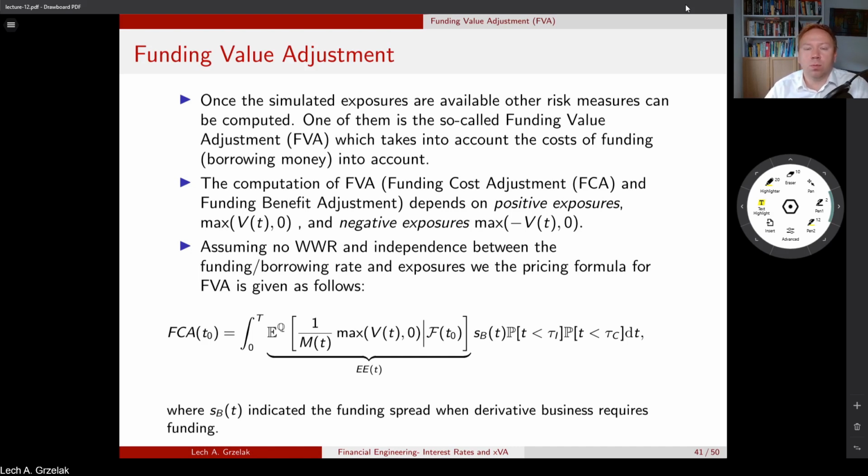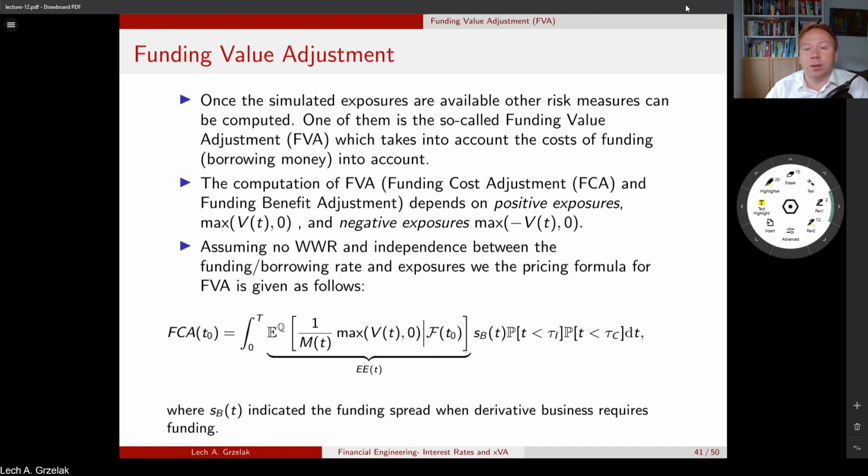Of course, there are more complicated value adjustments for which we need much more numerical efficiency and where computations are extremely heavy. However, here we will concentrate on the value adjustments which rely on the calculations of expected exposures.